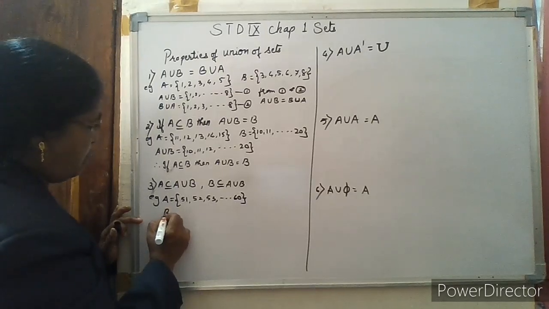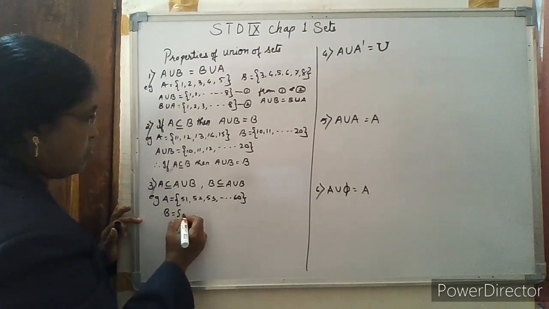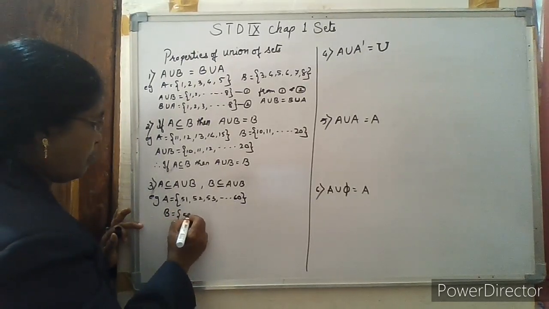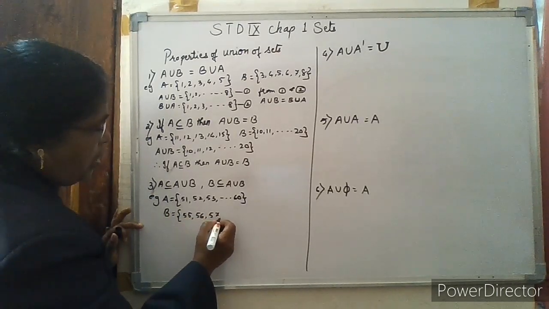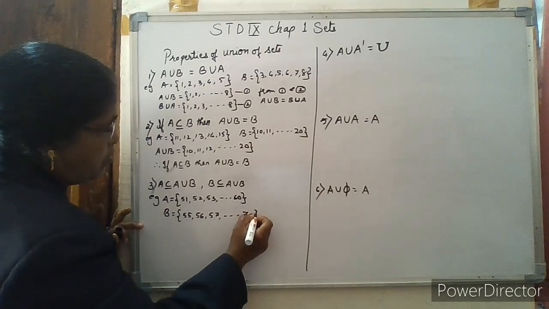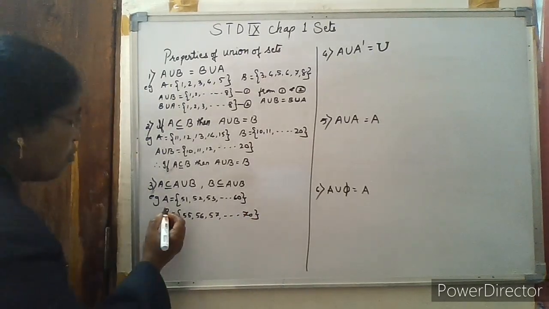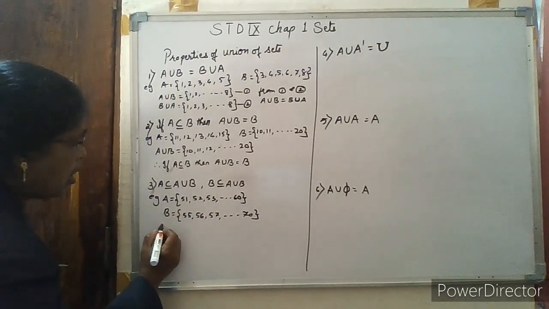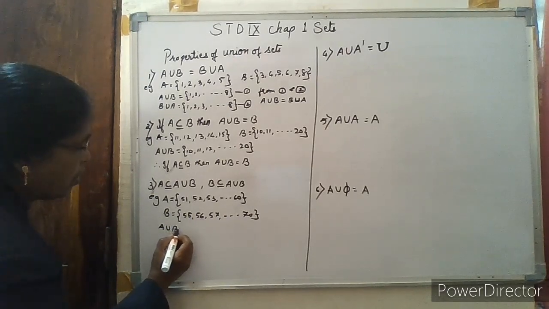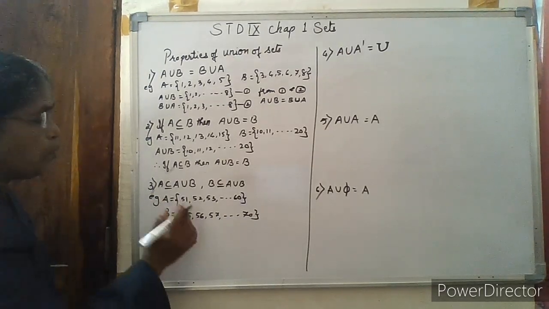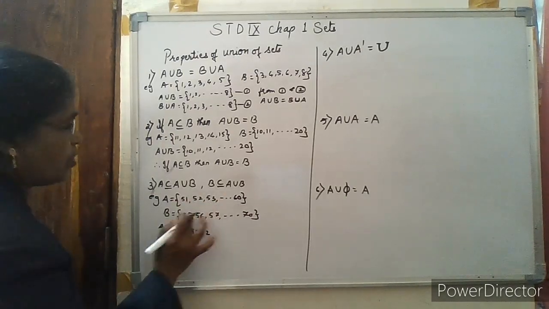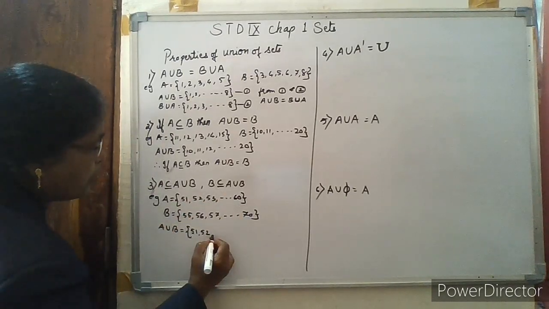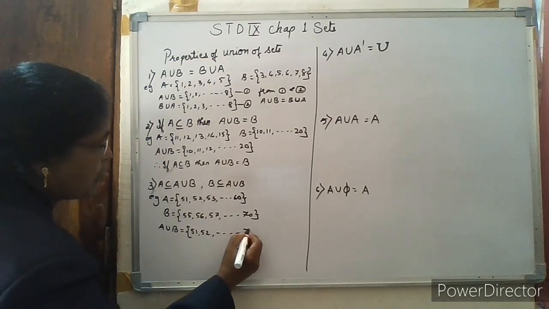Then set B is equal to 56, 57 and so on up to 70. Now what is A union B? A union B starts from 51, 52, 53 and so on up to 70.